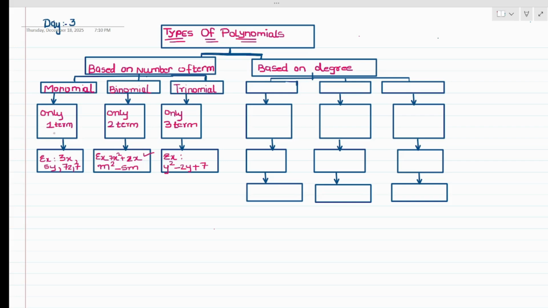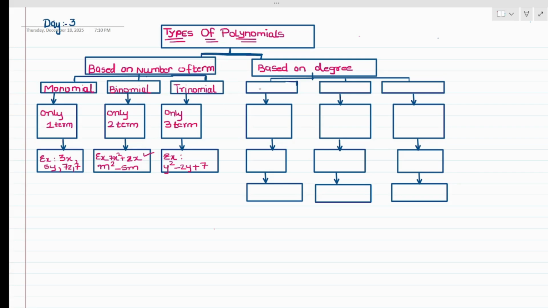Monomial means only one term, binomial means only two terms, and trinomial means only three terms. Examples are given for each. Moving on to our second, which is classified based on degrees.